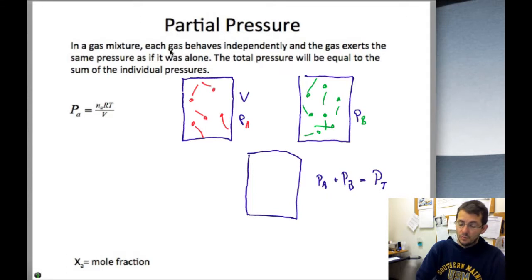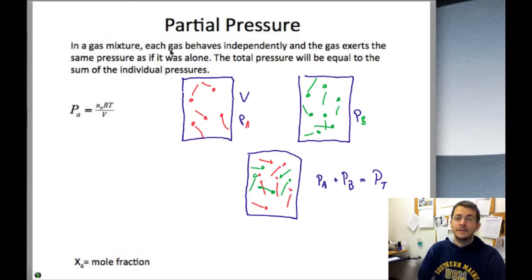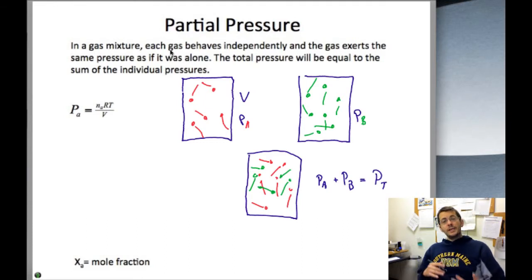There's no serious deviation from that. Unlike solutions, where if you mix one solution with another, you can get changes in volumes. The low interactivity of gases makes this far less of a problem. And so you can treat the gases independently of one another.